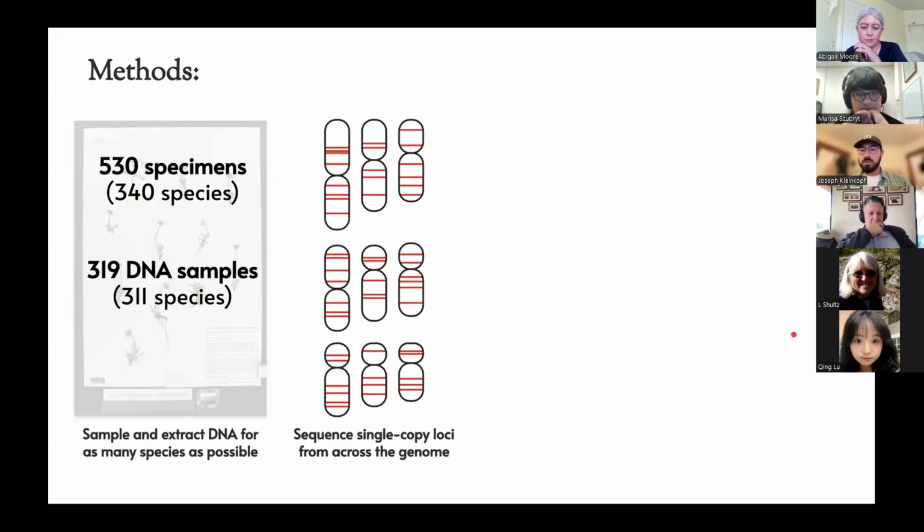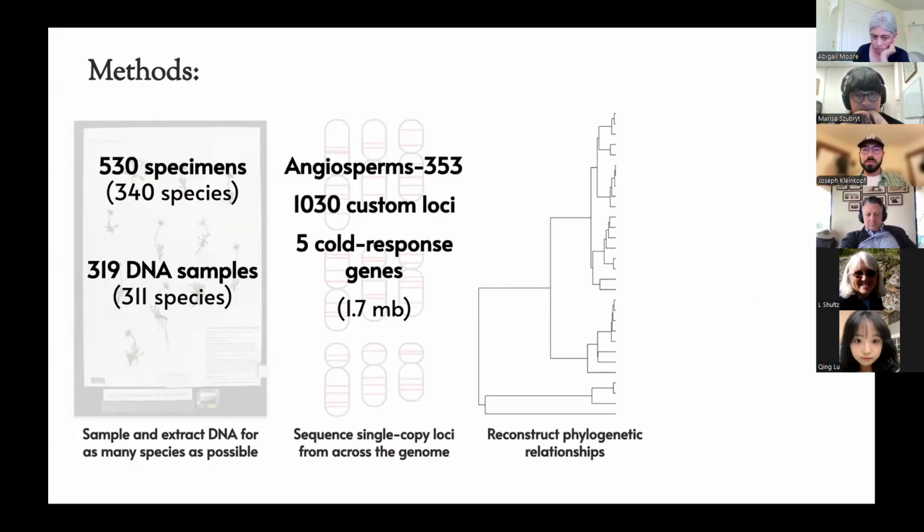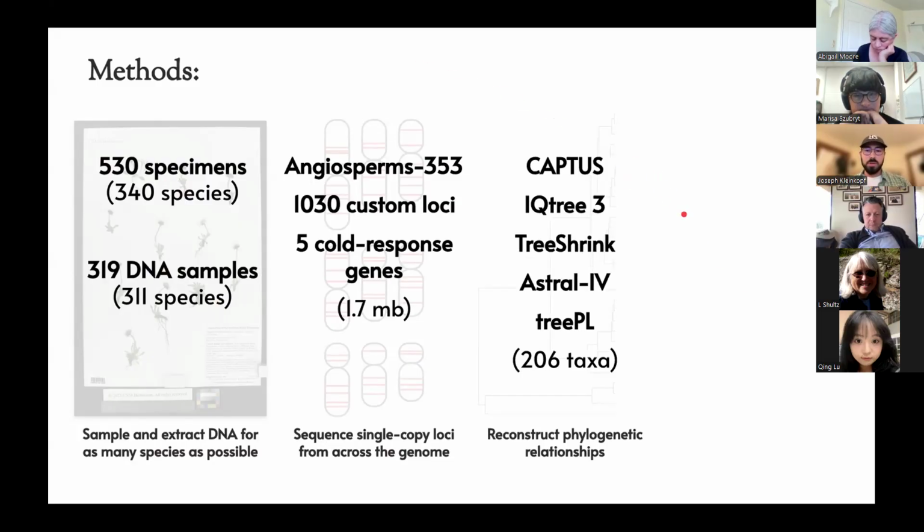And then we sequenced single copy loci from across the genome. We used the 353 bait set, but we also designed a custom bait set of 1,030 putatively single copy loci. And then we added 5 cold response genes that we thought could be interesting to look at some other time. And then we reconstructed phylogenetic relationships using a pretty standard workflow.